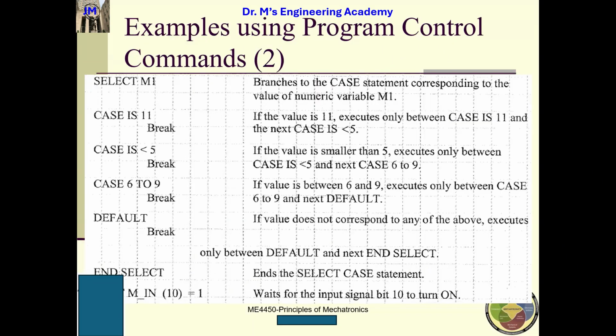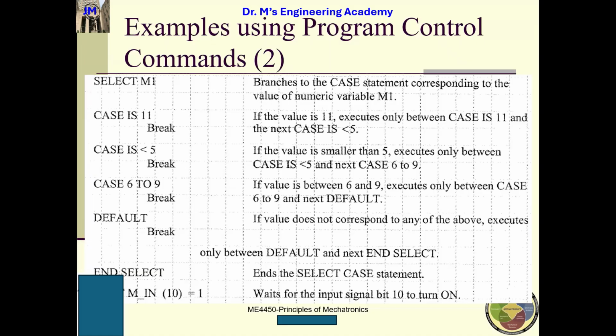If M1 equals 11, then I'm going to implement the commands in this space. However, if M1 is less than 5, I'm going to implement commands here. And then if the case equals 6 to 9, then I'm going to do things located in between. Otherwise, for other case scenarios, I'm going to do something else.